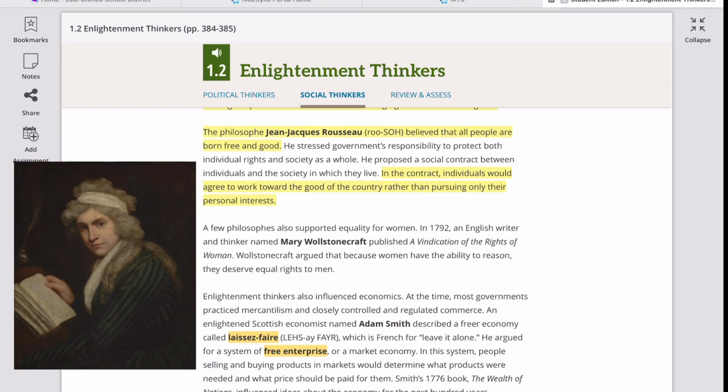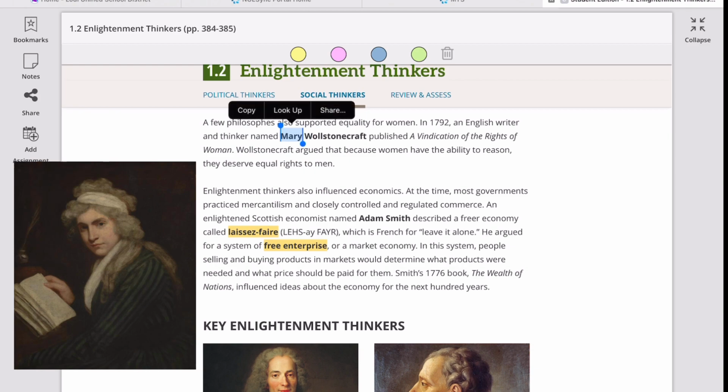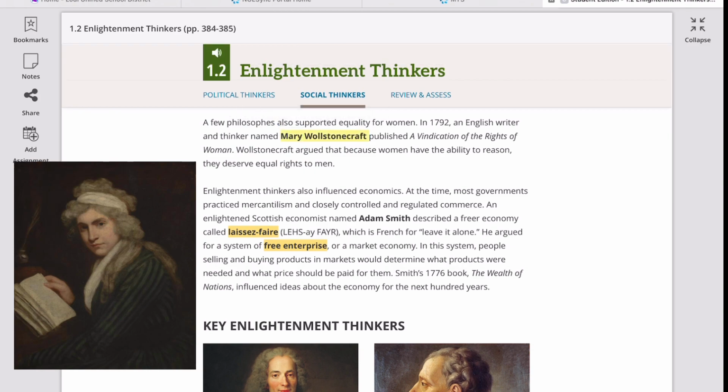For example, Mary Wollstonecraft, an English writer and thinker, published A Vindication of the Rights of Woman. Wollstonecraft argued that because women have the ability to reason, they deserve equal rights to men.